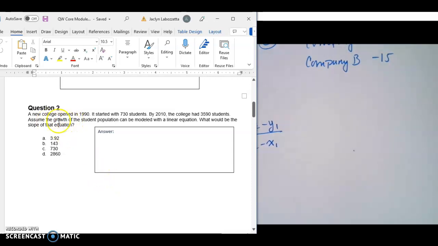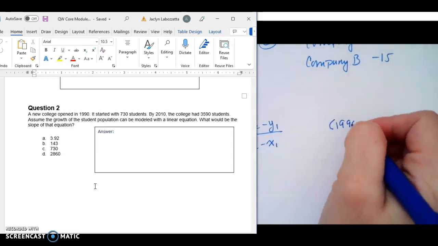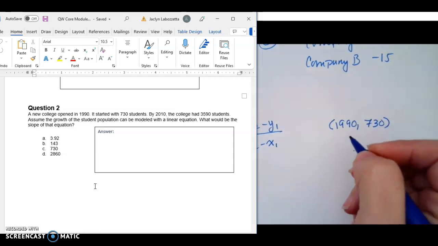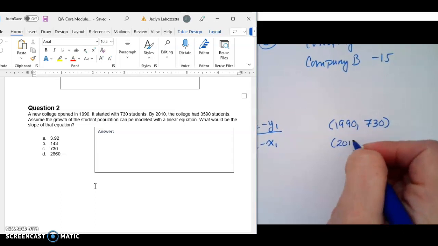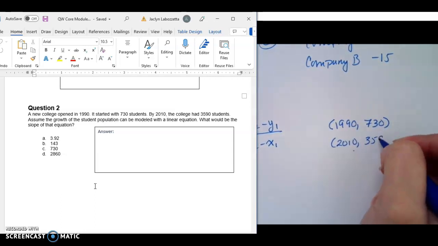The first ordered pair comes from the year 1990. Just like we had seen in the milk and soft drink consumption unit, the year would be the independent variable. So the first ordered pair: in 1990, the college had 730 students. The second ordered pair: in the year 2010, the college had 3,590 students.